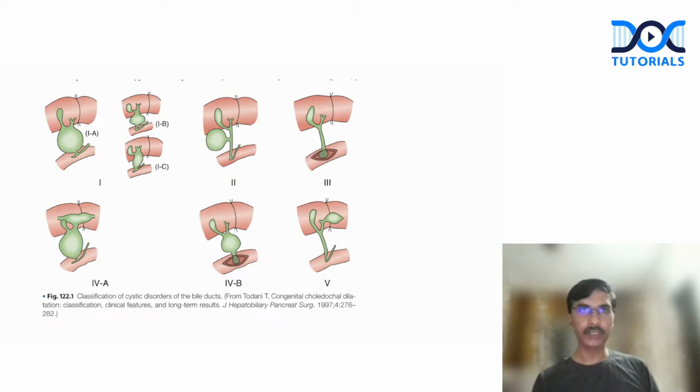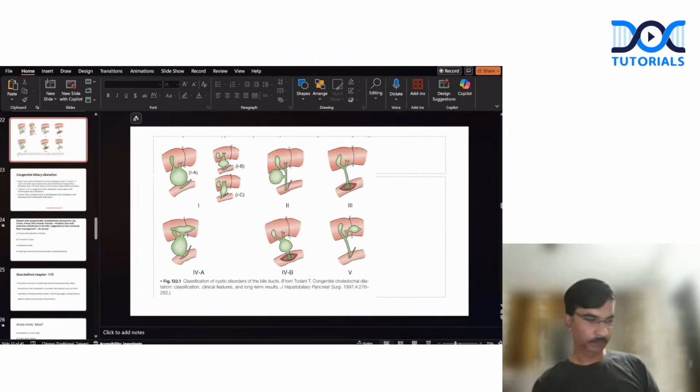I'm checking for any other doubts. Okay, are first order biliary radicals extrahepatic or intrahepatic? Now, the answer is there are perihilar cholangiocarcinomas. Initially, hilar cholangiocarcinoma was the term used; now the standard term is perihilar cholangiocarcinoma.